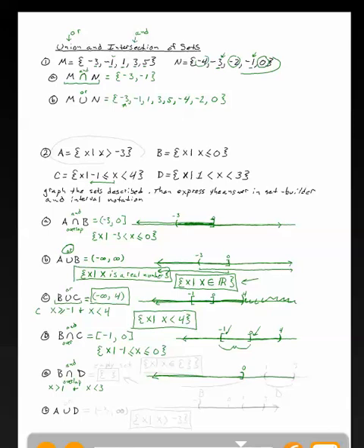So here's 0, so somewhere here is 1, and we want it to be greater than 1 but less than 3. So really it's between 1 and 3.